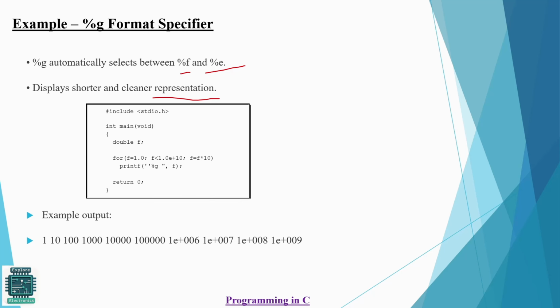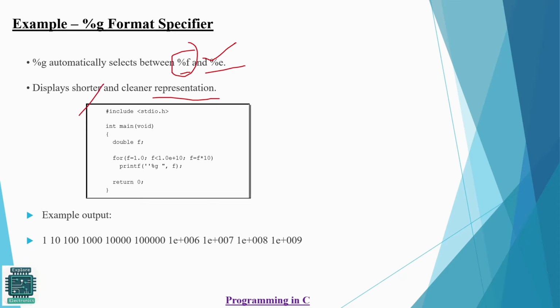Percentage g is a format specifier used with functions like printf to print a variable of type double or float. That's what is given here as percentage f. And what it does is automatically print the number either in decimal format or in scientific notation, whichever is shorter. It also removes trailing zeros.